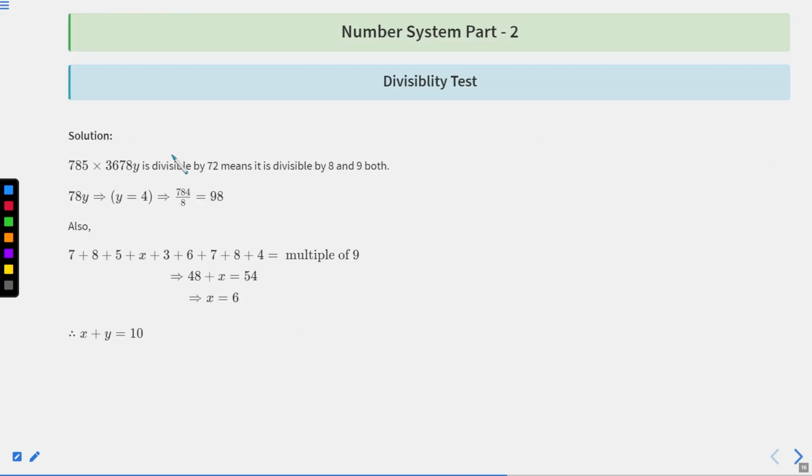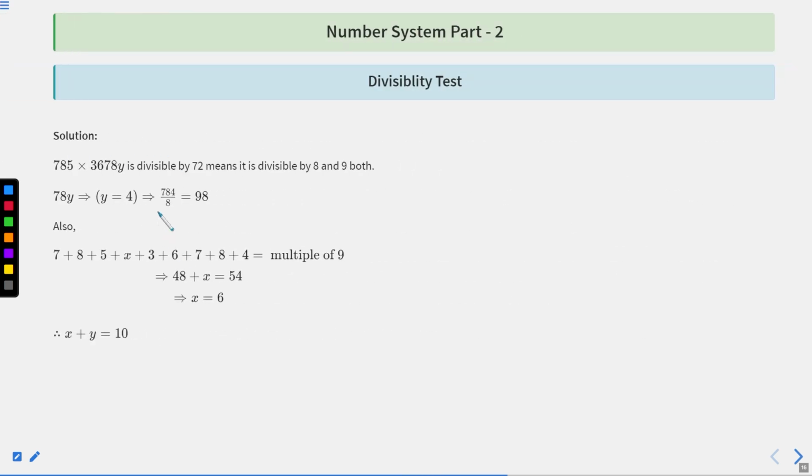So how do we do it? Since this number is divisible by 72, that means this number should also be divisible by 8 and 9 both. We narrow down the problem to such a number which is more familiar to us, and we work on that. And it is given that this number is divisible by 8. So the last 3 digits of this number should be divisible by 8.